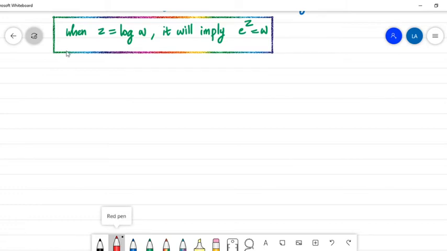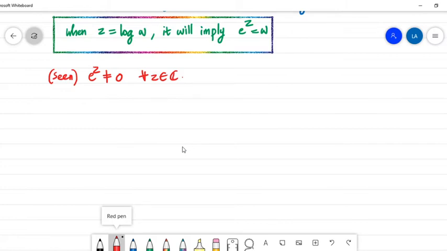Okay, so now we'll see some observations. We had earlier seen that e raised to z can never be 0 for every z belonging to the set of complex numbers. So suppose our w and z are satisfying the condition which is in the box you can see.